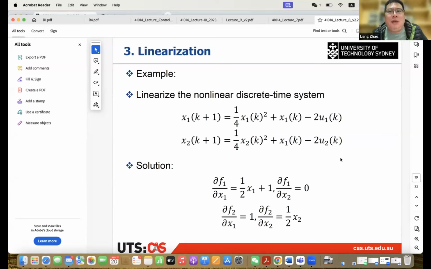They mean the two equations of F. And X1 means the first element of the state X, and X2 is the other one. So in this case, you need to calculate row F1 over row X1, row F2 over row X2, and put them into a matrix. And then you get the A matrix.